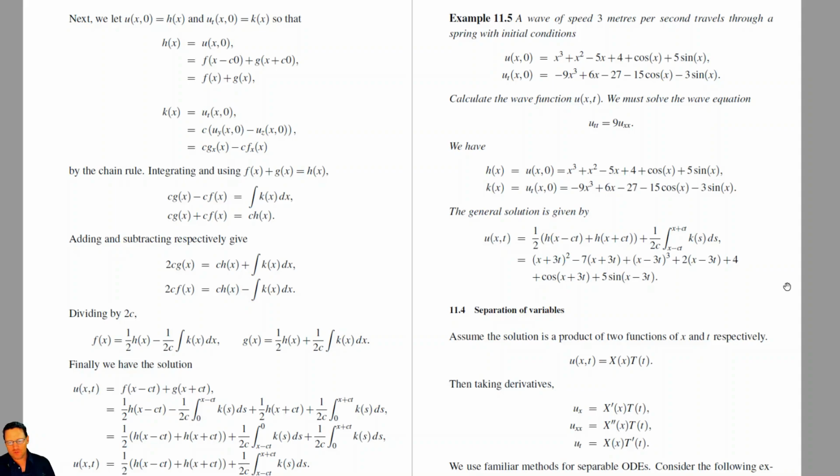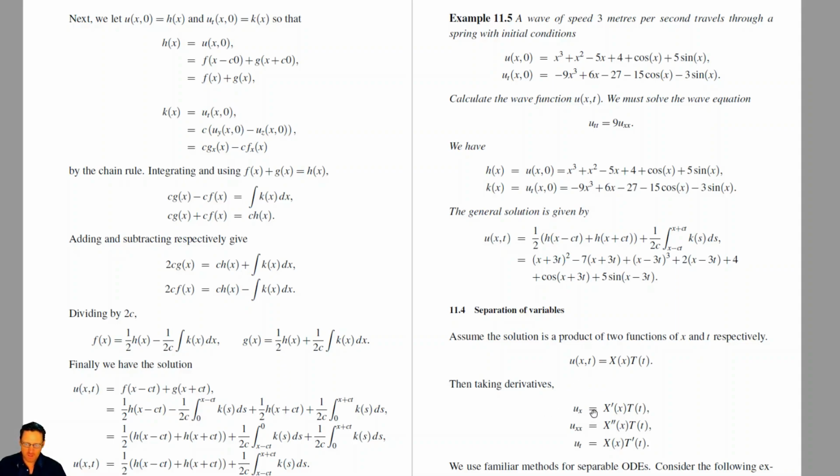Okay, so assume the solution is a product of two functions of x and t respectively. Okay, so uppercase X of x and uppercase T of t. So taking derivatives with respect to x and with respect to t, we get these expressions here. First derivative of X with respect to lowercase x times T of lowercase t.